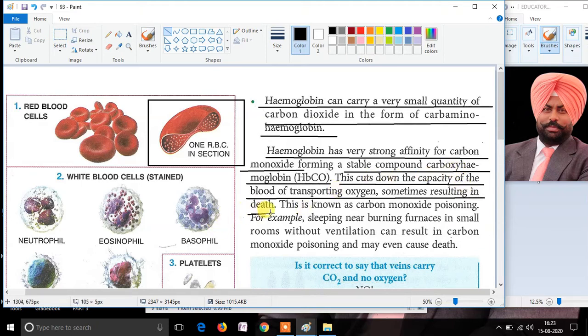of the person also. This carbon monoxide gas is a very poisonous gas, and it is usually produced from the furnaces.